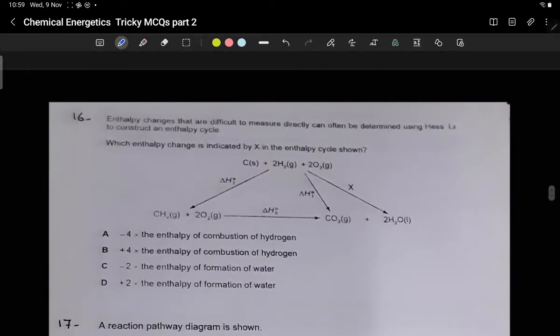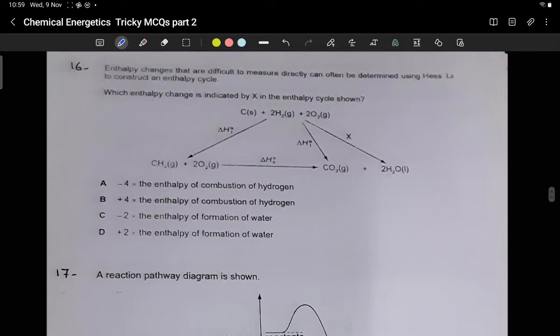Question number 16. Enthalpy changes that are difficult to measure directly can often be determined using Hess's law to construct an enthalpy cycle. Which enthalpy change is indicated by X in the enthalpy cycle shown?